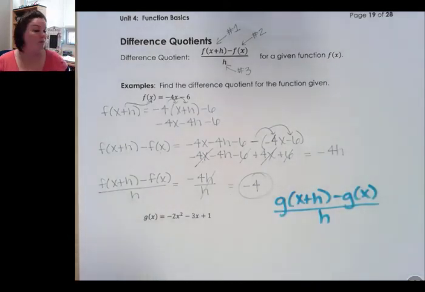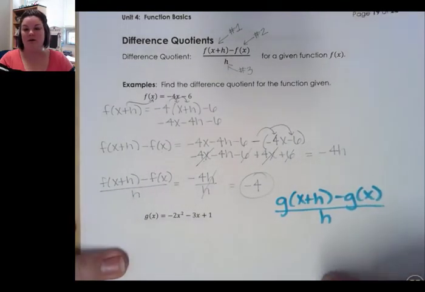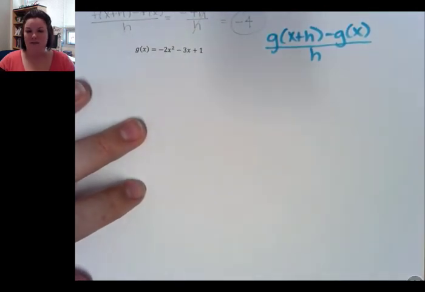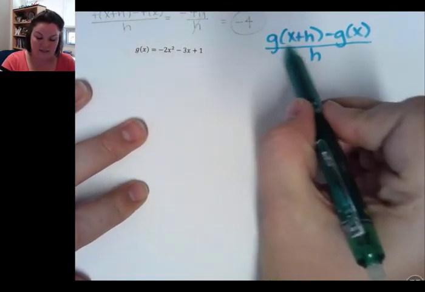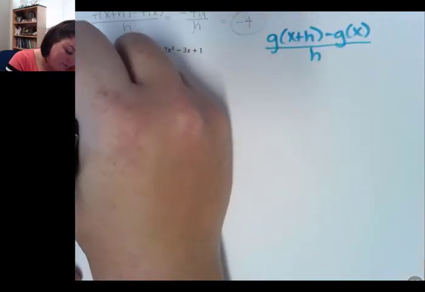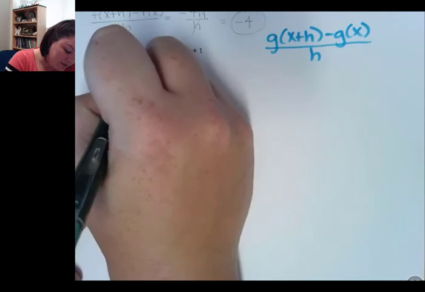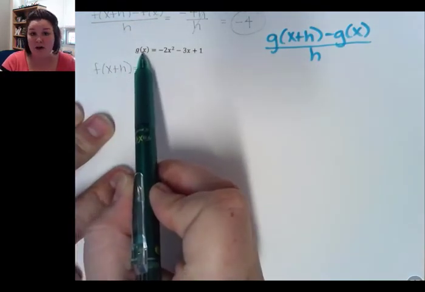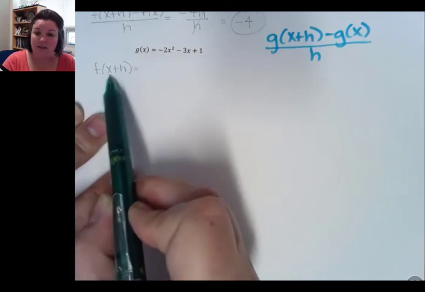I'm rewriting it down here so I can scoop my paper up so y'all can see what I'm writing. Step one, remember, is to simplify this first piece. If I want to do g of x plus h, that means everywhere I see an x in my original function, I'm going to plug in this ugly quantity.